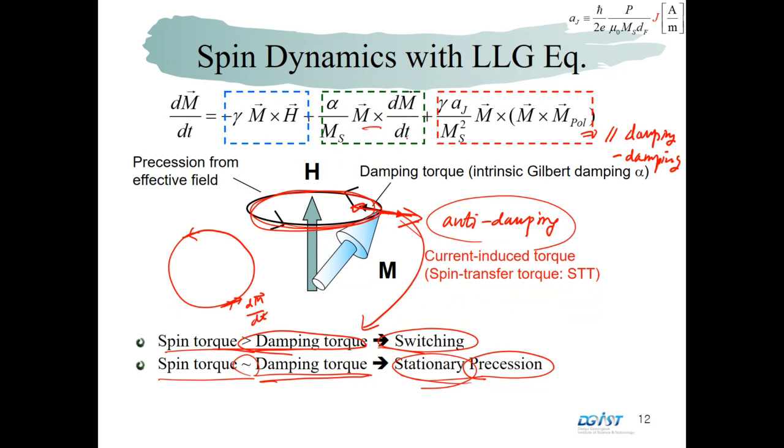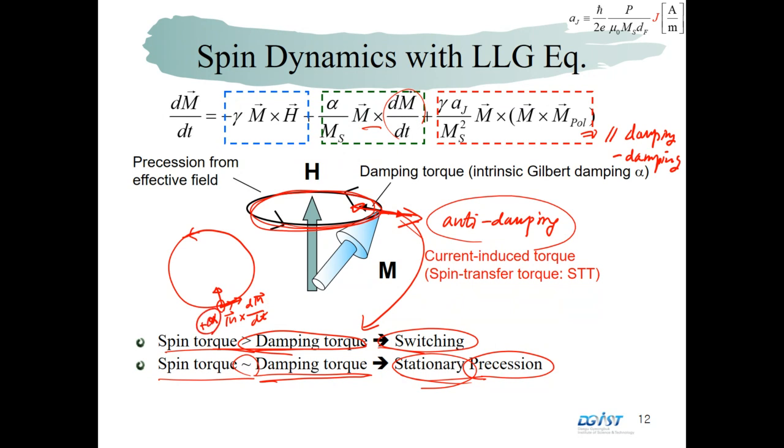And m cross dm/dt means now m is somehow this direction, so m cross dm/dt is this direction. So alpha should be positive, plus alpha, something like this.